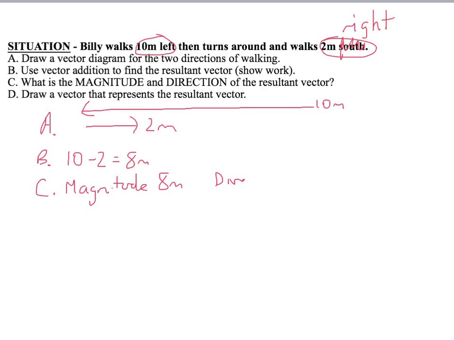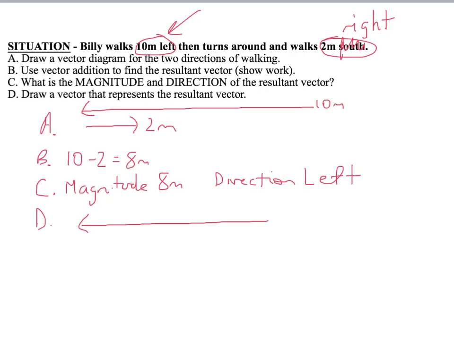And the direction is going to be what? Which one is bigger? Left is bigger. And then finally for part D, it says draw a vector that represents the resultant. So I'm making this one 8 centimeters long, and it's going to be pointing left. And that's it. Your problem set is just doing about 5 or 6 of those.